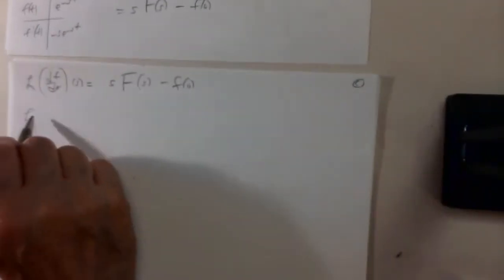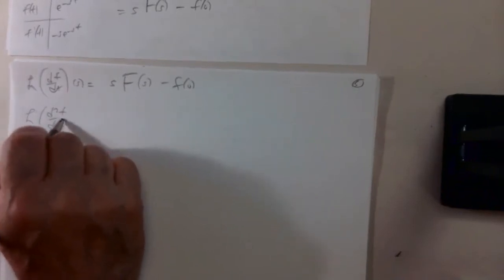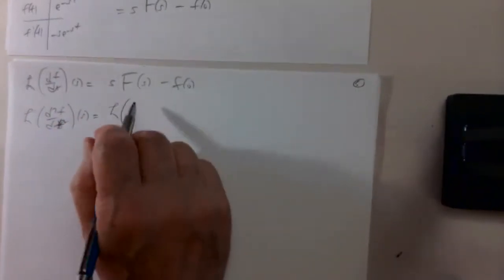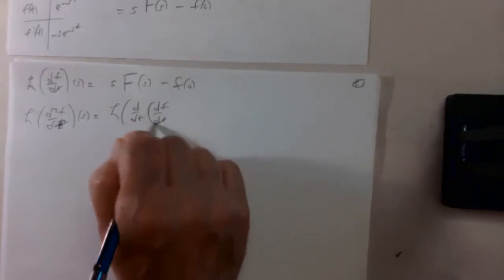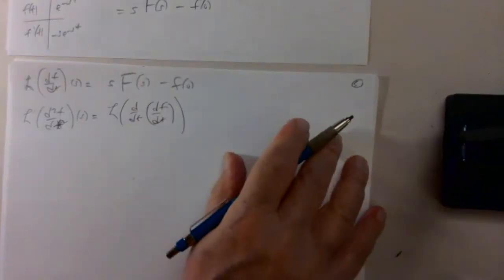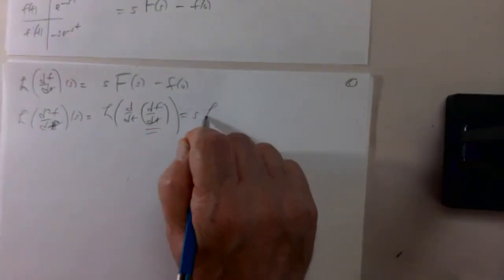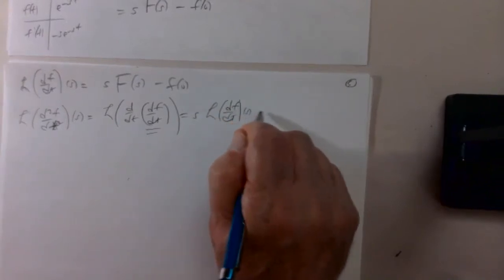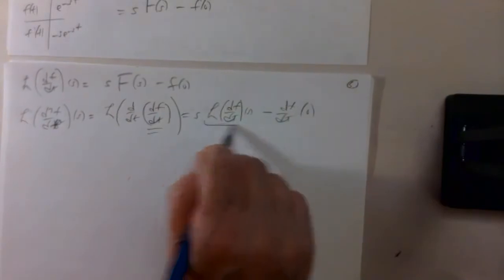If we want to find the Laplace transform of the second derivative, well, of course, the second derivative is just the derivative of the first derivative. So for this function, this is s times the Laplace transform of df dt minus df dt evaluated at 0.